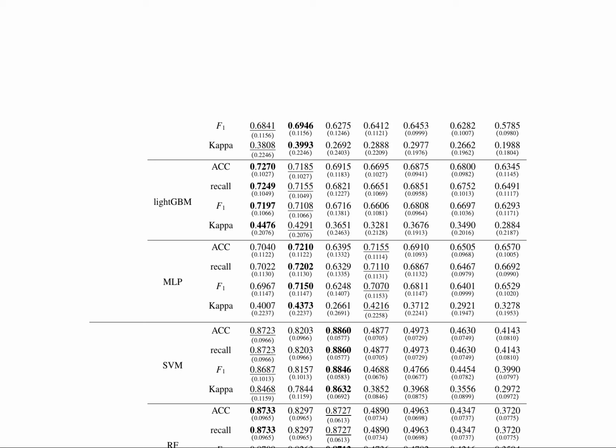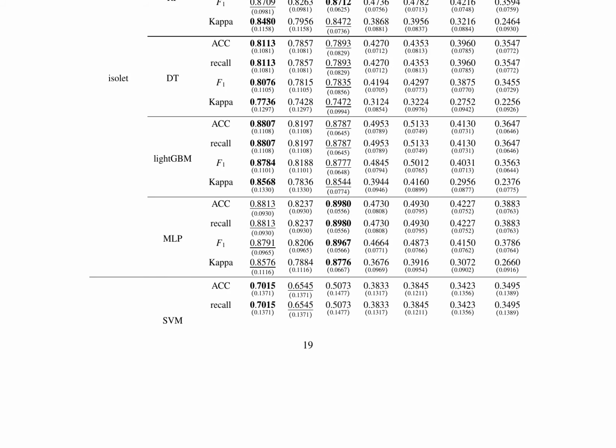Its recall and F1 score are competitive, at 0.7249 and 0.7197, respectively, with similar variability. The kappa value of 0.3808 suggests moderate agreement between the model's predictions and actual outcomes. MLP exhibits slightly lower accuracy and recall, at 0.8113 and 0.8813, respectively, but maintains a comparable F1 score of 0.8791.